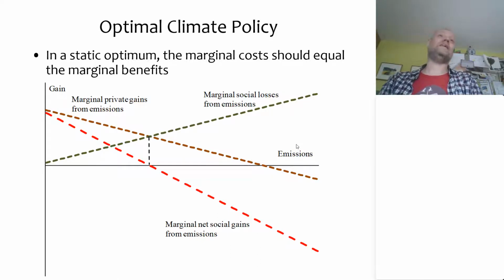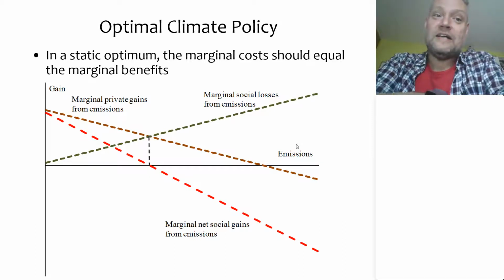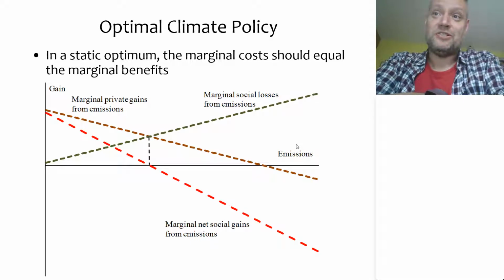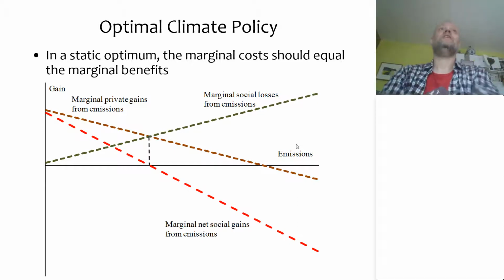We know that it's very cheap by now to cut emissions in power generation, because solar and wind are now so cheap relative to coal and gas that they're almost competitive. So the first bit of emission reduction is cheap, right? So that brown curve indeed starts rising very, very slowly.